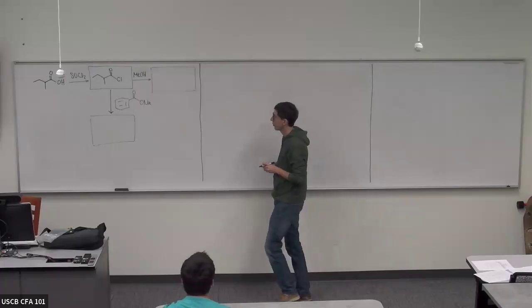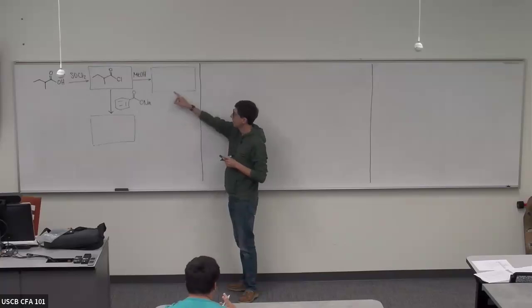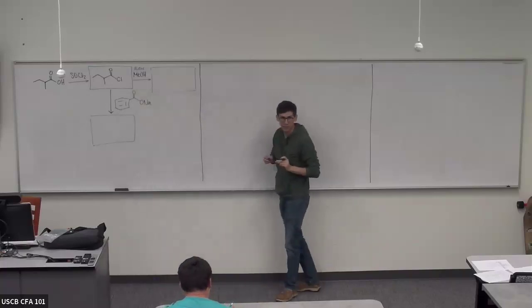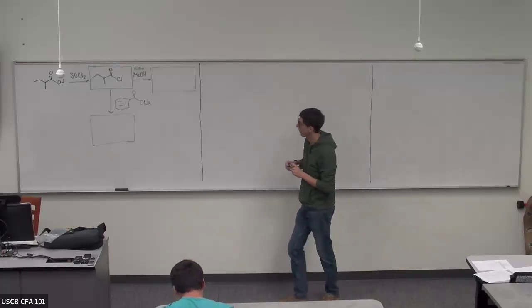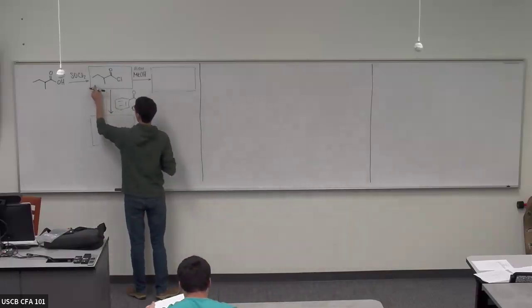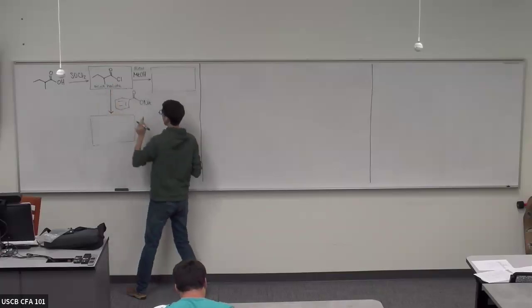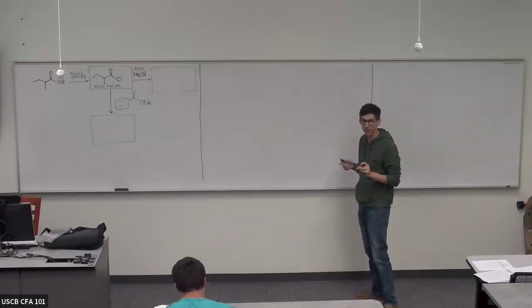Okay. So we're in two different reactions with this. If we add methanol, which is an alcohol, to our acid chloride, what sort of functional group do we get from that? Ester?